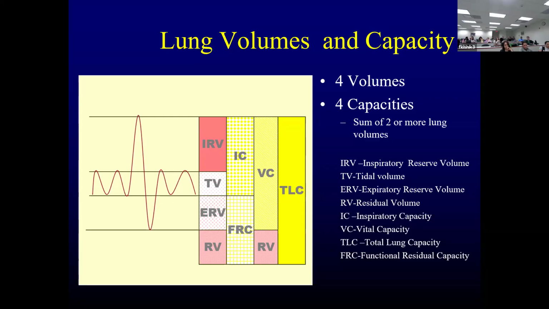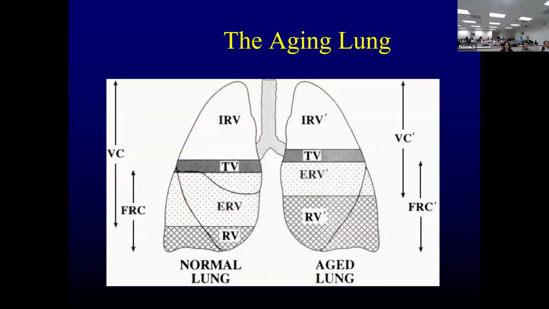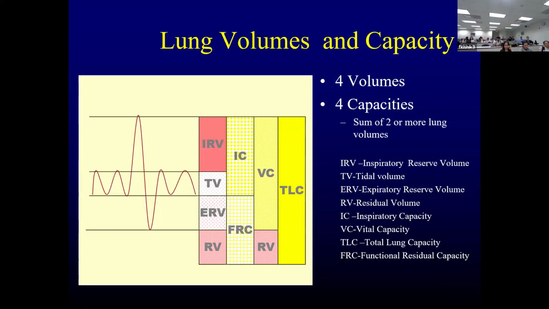When I say forced vital capacity, you already know I'm talking about a combination of two or three volumes. Let us see how. If I combine inspiratory reserve volume and tidal volume, it's called inspiratory capacity.